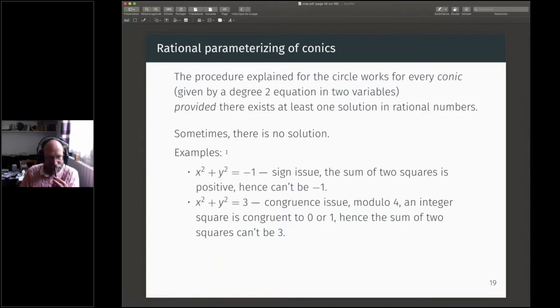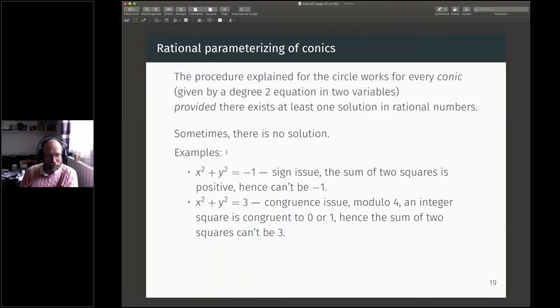So I can't draw the form on the real plane. But if I take another conic, x squared plus y squared equals 3, then I can. It's a circle of center 0 and radius square root of 3. But then I won't be able to find any points with rational coordinates on it, because there is an issue of congruence modulo 4.